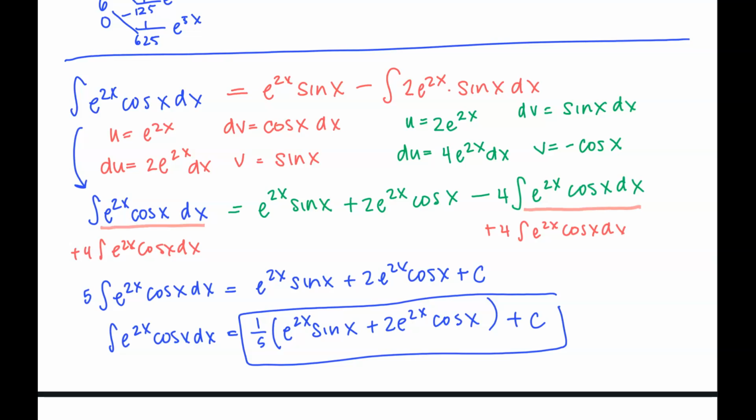No reason to choose that one unless you just want to show off that you can do that. And again, a little bit of tabular to double check on your signs and your multipliers might be pretty nice here. If you thought about the pieces here, we had e to the 2x, 2e to the 2x, 4e to the 2x, and on the other side we had cosine of x, sine of x, and negative cosine of x.